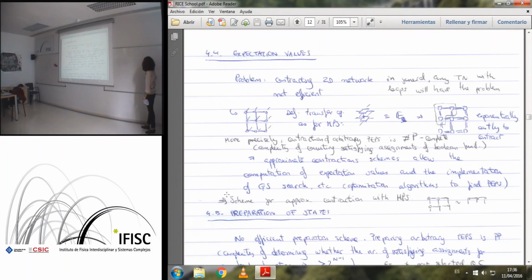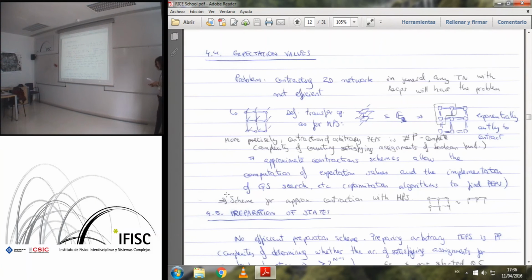When you have something like this, it will have d squared to the L, if it was L times L. So you end up with something which is exponentially large in the system size. No matter how you choose to do this contraction, if you want to keep the whole result, it grows exponentially with the system size. So it means that you cannot compute expectation values efficiently in PEPs.